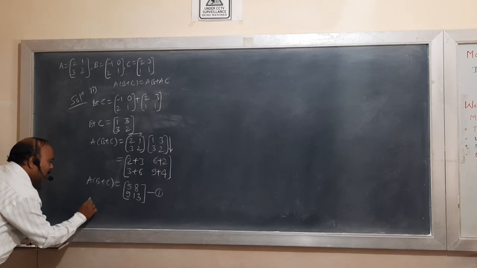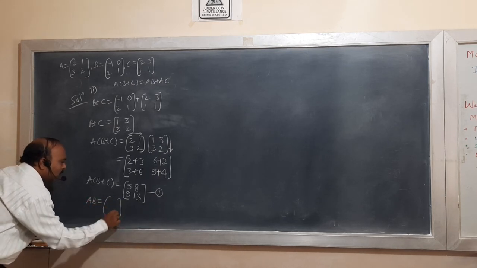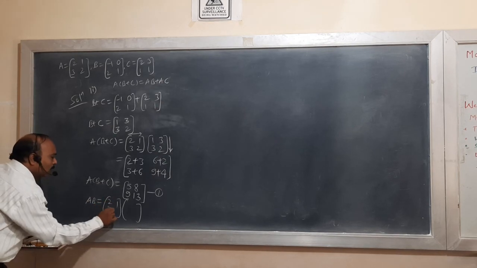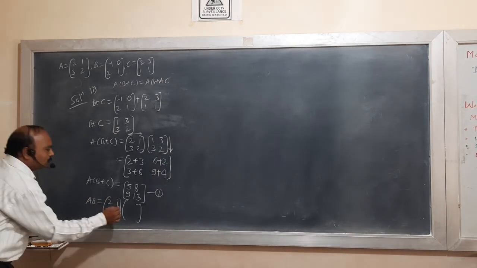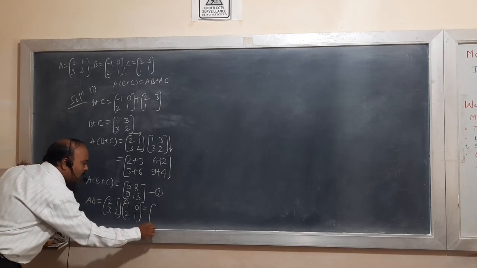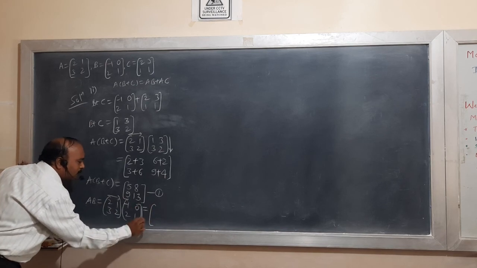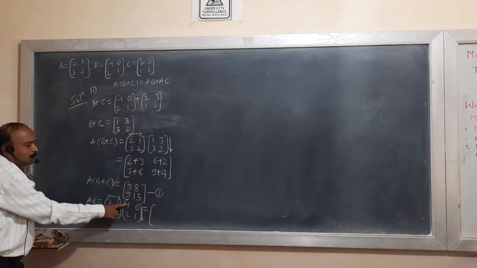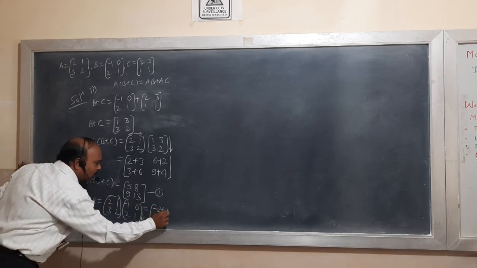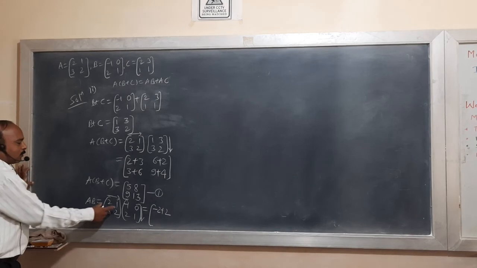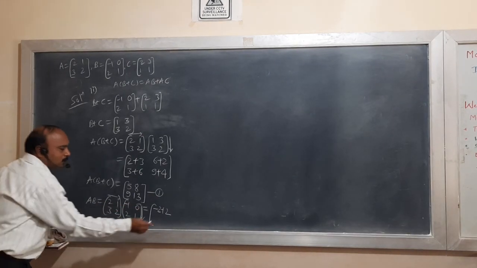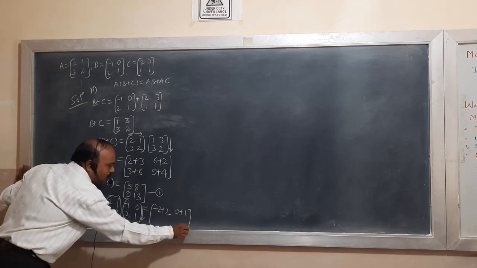Next we go to the right hand side values AB and AC. First to calculate AB. AB is given by A value 2 1 3 2, B value is minus 1 0 2 1. Multiply these two, row with column. First row, first column, 2 into minus 1 plus 1 into 2, that is minus 2 plus 2. Next, first row with second column, 2 into 0 plus 1 into 1, that is 0 plus 1.